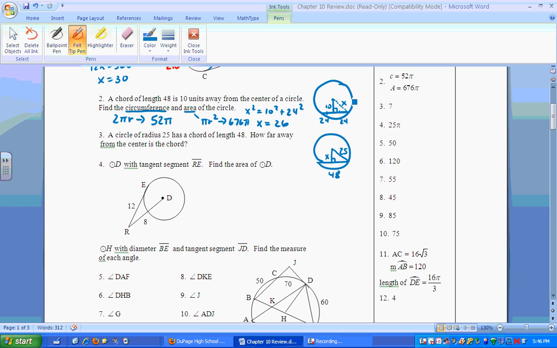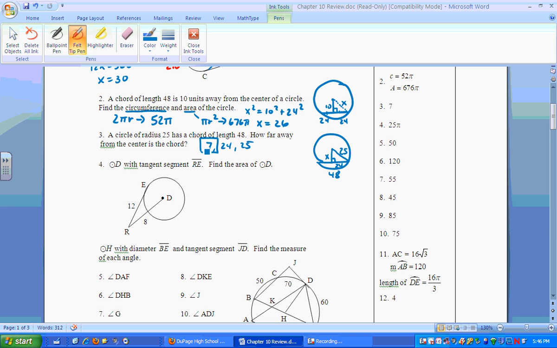Similar picture as above. So the 48 breaks up into 24 and 24. You could do the Pythagorean theorem, or this is a 7, 24, 25 right triangle. So it's 7 units from the center of the circle.